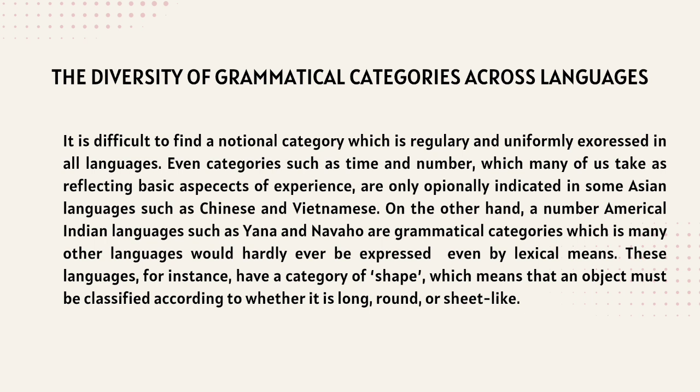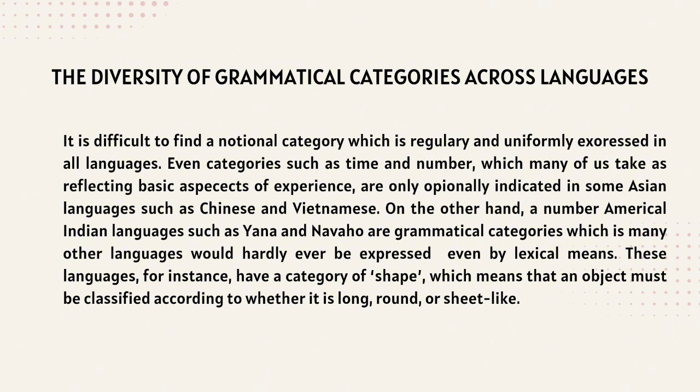On the other hand, a number of American Indian languages such as Yana and Navajo have grammatical categories which many other languages would hardly ever express, even by lexical means.